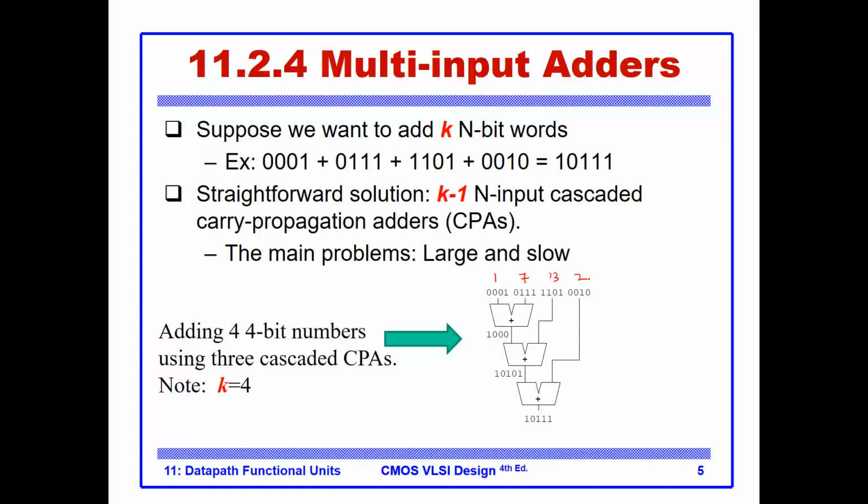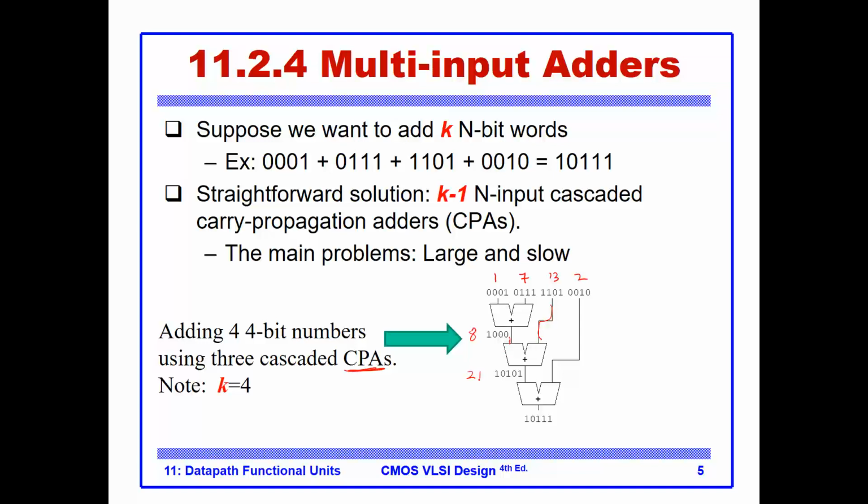Now, if we want to add this the conventional way, or the easy way, I should say, we can use carry propagate adders to add the very first two numbers. We are adding 1 plus 7, and this is 8. Then the result of these two, we add to the third number. So 8 plus 13, that is 21.